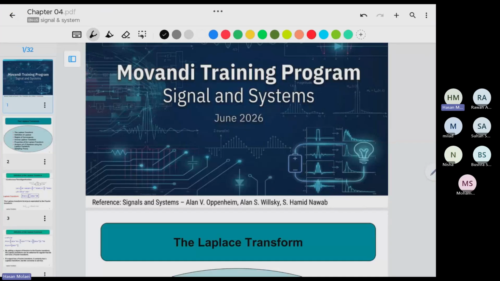Okay, last session we went through the Laplace transform. We found that if we have an e to the power of st signal, that's kind of an eigenfunction for any LTI system. What does it mean? It means if I apply e to the power of st to the input of an LTI system, the output would be exactly like the input.